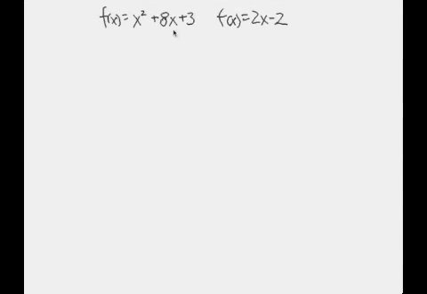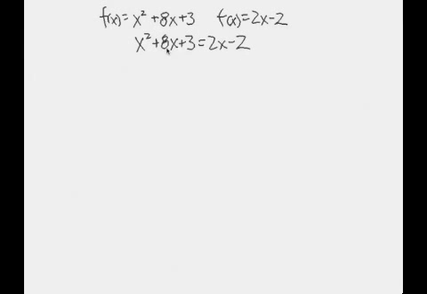Right, here are another pair of equations. Quadratic, x squared plus 8x plus 3. Linear, 2x minus 2. So go ahead and pause. All right, set them equal to each other. X squared plus 8x plus 3 equals 2x minus 2.